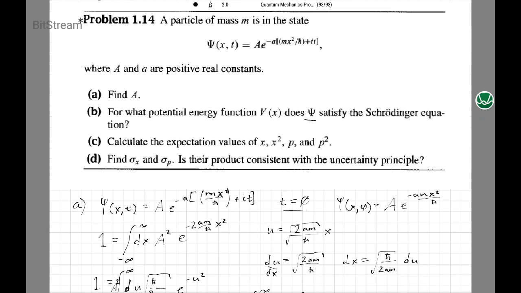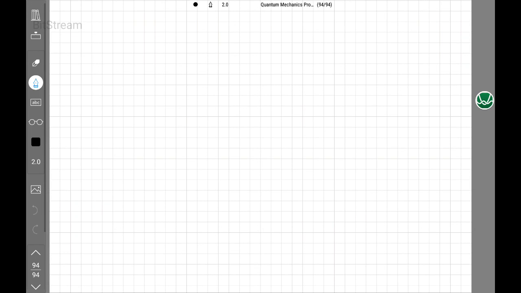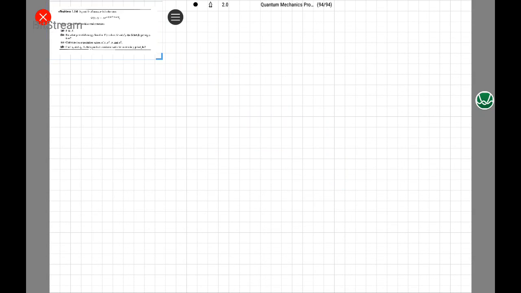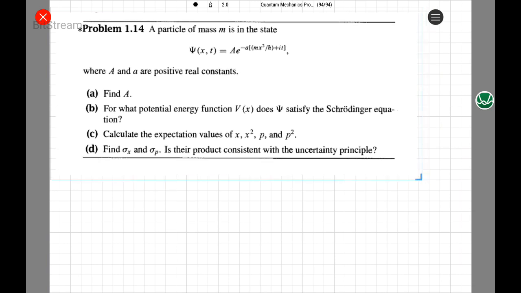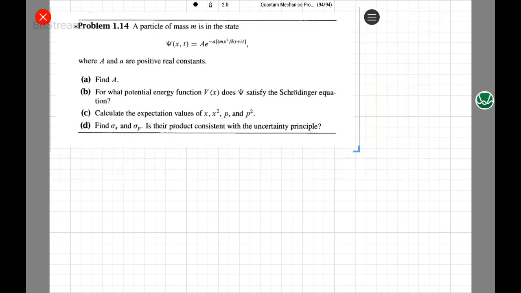Going to start calculating these expectation values. And yeah, I will be using certainly more integral tables. Well, at least one more. Okay.